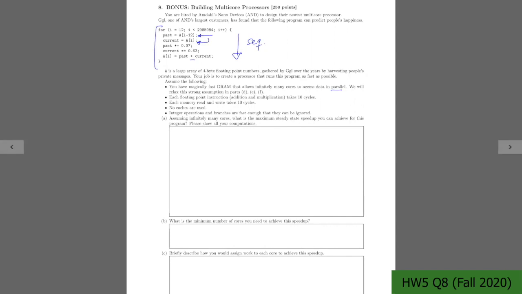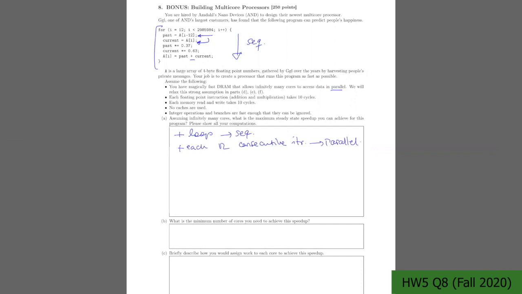Therefore, at maximum, we can have 12 iterations running in parallel in order to not be stopped by this data dependency. So the information we need is this: the loop body is the sequential part of the program, and each 12 consecutive iterations can be executed in parallel.